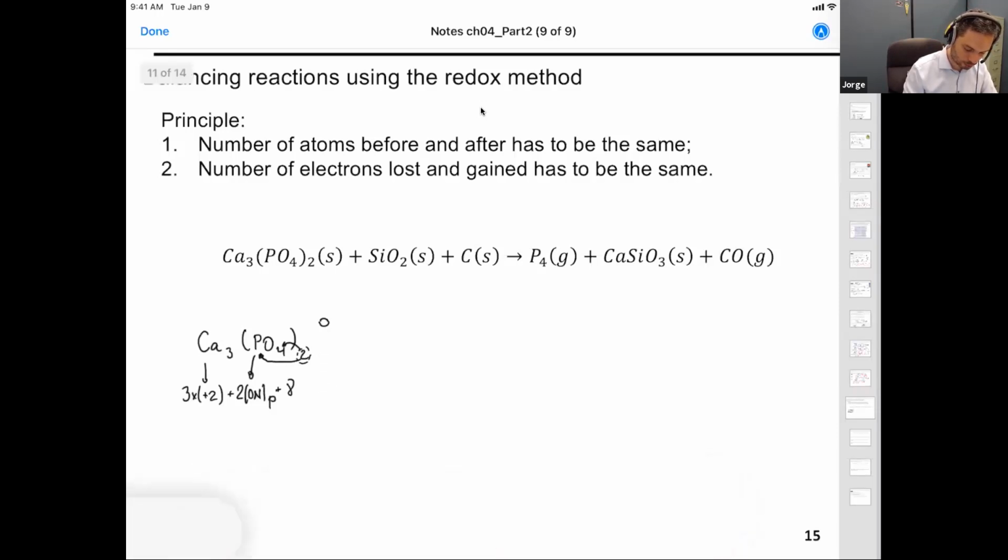Don't forget to multiply the number outside of the parentheses by the number of atoms. And we know that oxygen is always -2 unless the compound is a peroxide. And this has to be 0. Therefore, the oxidation number of phosphorus, I'm going to jump steps here, according to my calculations has to be +5.